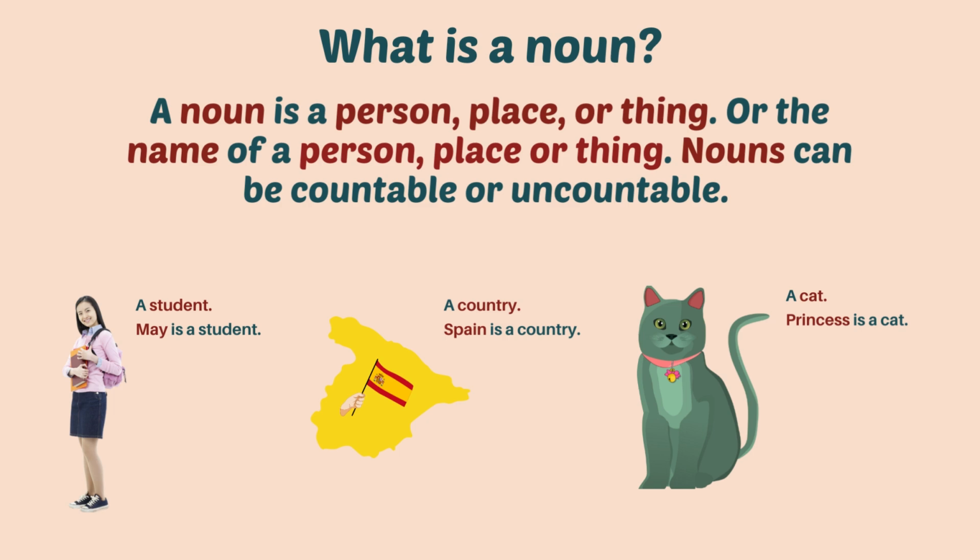Nouns are names, or they are a person, place, or thing. Here's an example. A student. A student is a noun. In a sentence, I might say, a student walked to school today.